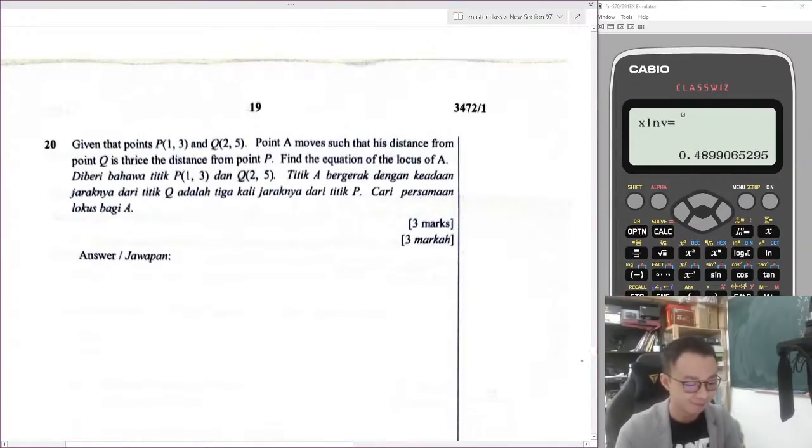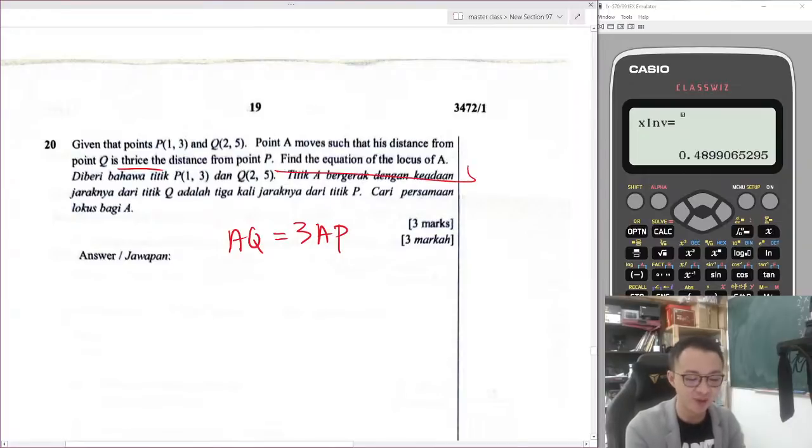Question 20. A point P and Q such that A moves such that its distance from Q is thrice its distance from P. So I will say AQ is 3 times AP. Just use the distance formula to find the equation of the locus.